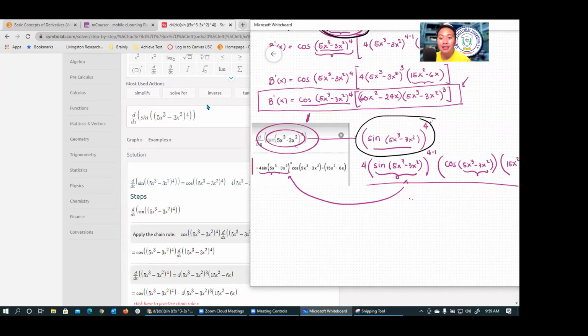This should not be the source of your answer. As much as possible, you do your own work. That's the best way to learn and to work harder to understand the process. So I would suggest doing it on your own first and then comparing the answer to your calculator or software that you can find online.